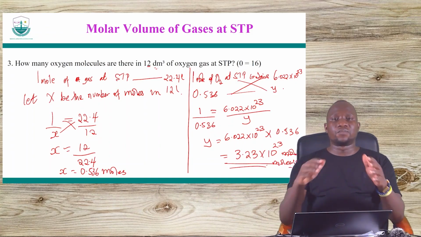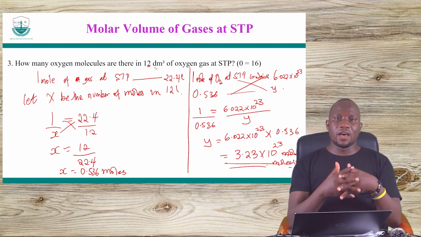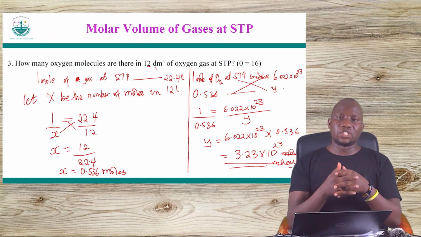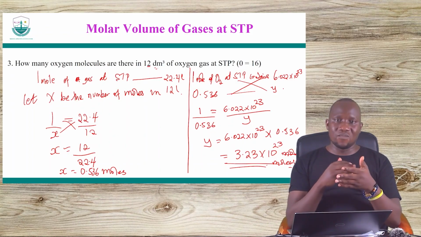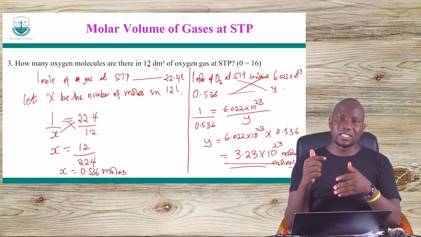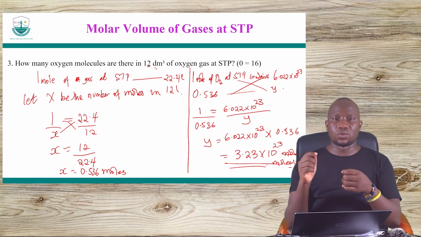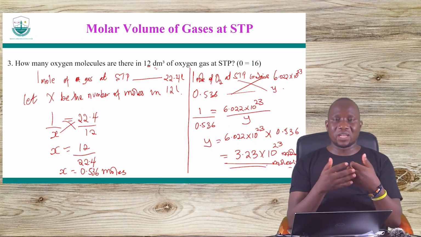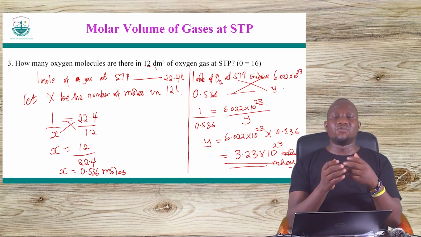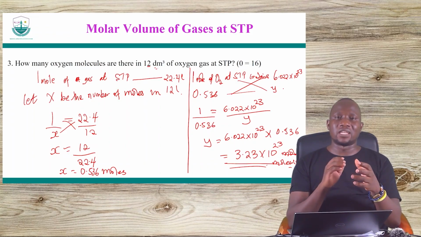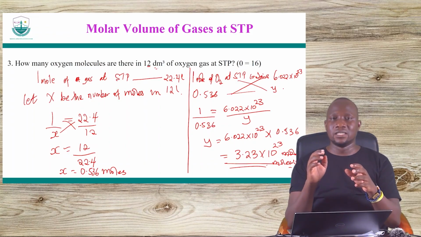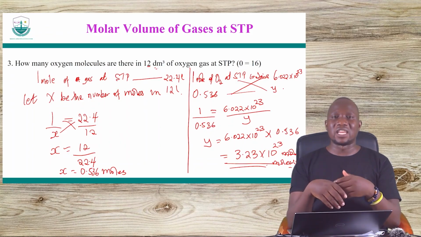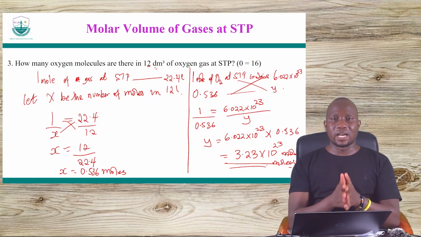Okay, so if we have a gas at standard temperature and pressure, 1 mole of that gas will always contain 6.022 times 10 power 23 particles. So if we know the volume, and that volume is at standard temperature and pressure, we can always get the number of particles in that gas.